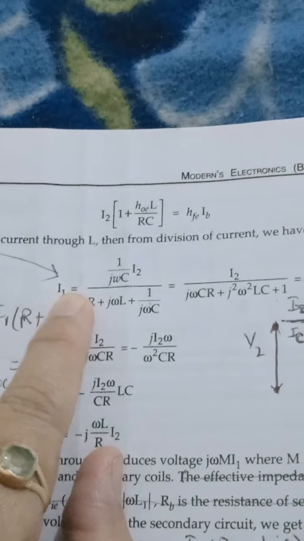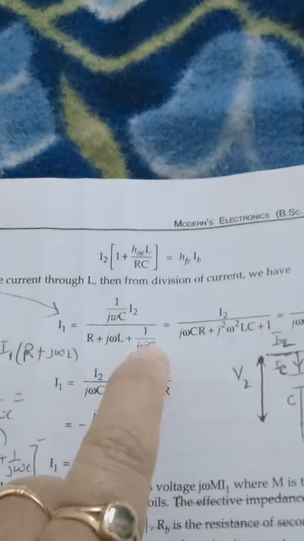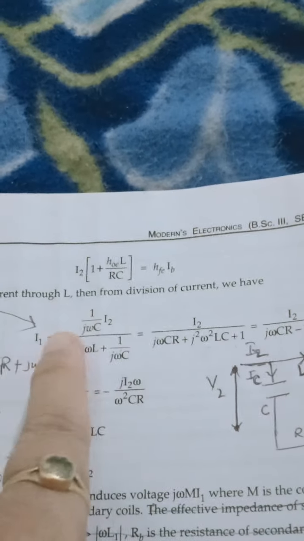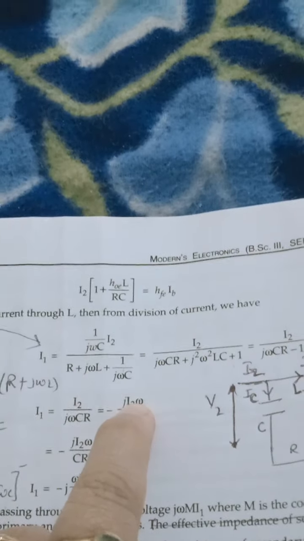So I get this, that I1 is equal to 1 by capacitive reactance into I2 divided by these whole terms. Here again we will take LCM as iota omega C and then cancel out the iota omega C and iota omega C from here. So we get these terms.